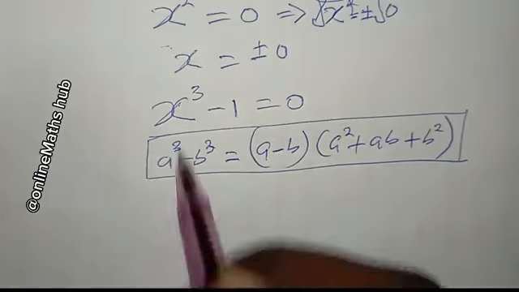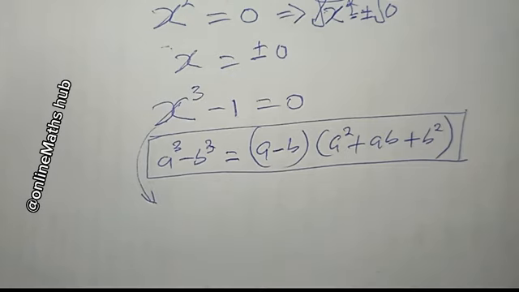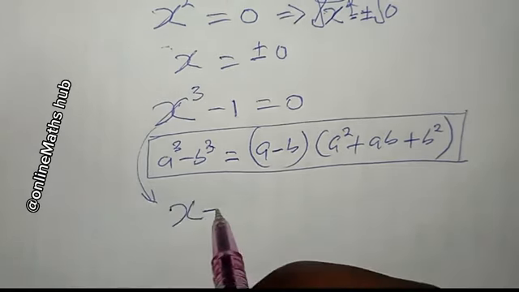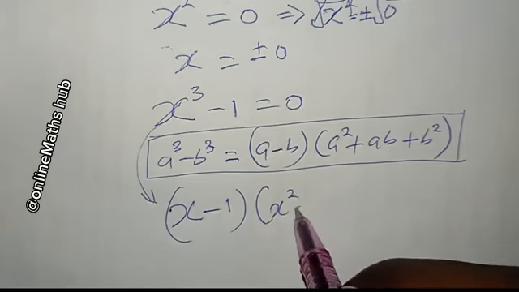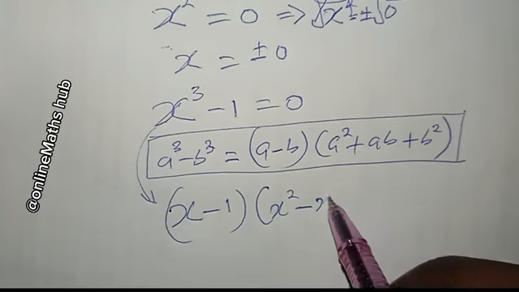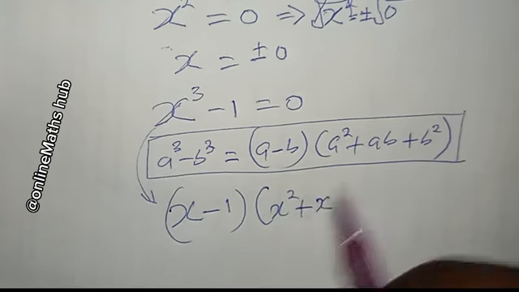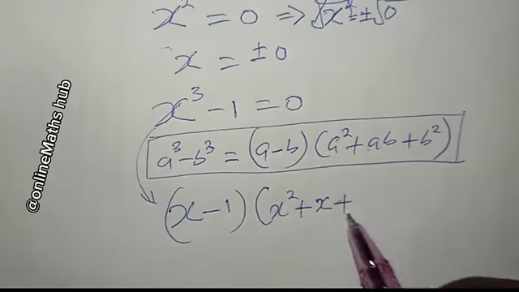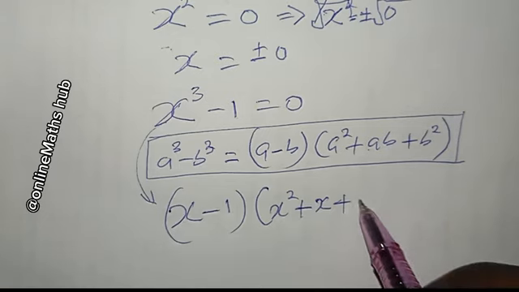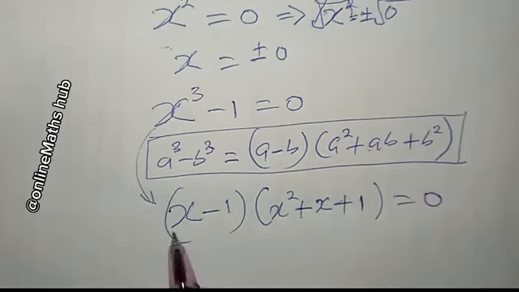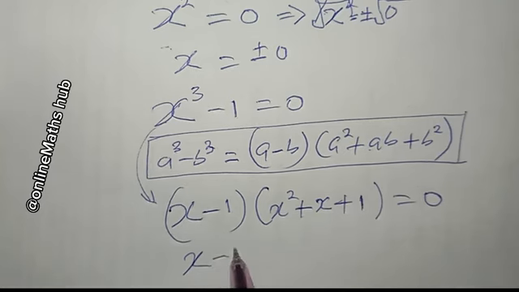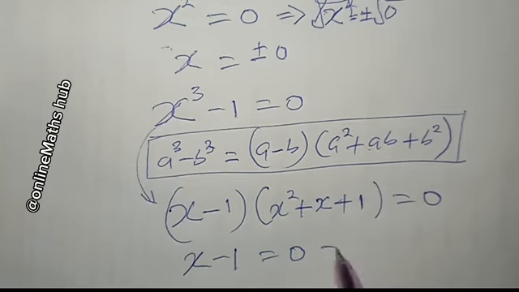Okay, so moving on, this will change to x minus 1, okay, and then x squared plus x times 1, which is actually x. Okay, this is plus ab, and then plus 1 times 1 will give us 1. Of course, it's still equal to 0, so which implies that from here x minus 1 is equal to 0, which of course implies that x is equal to 1.